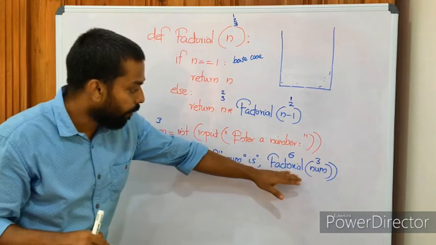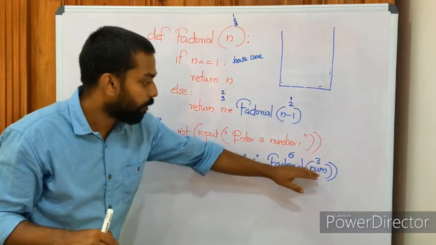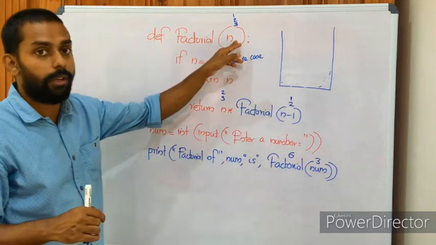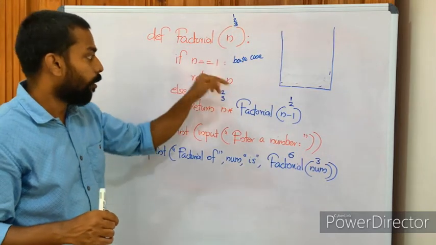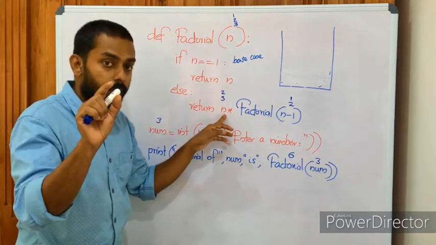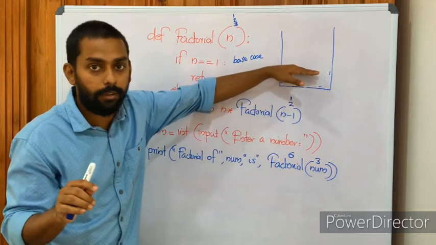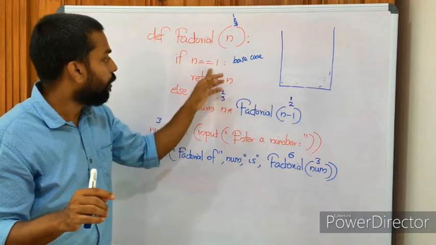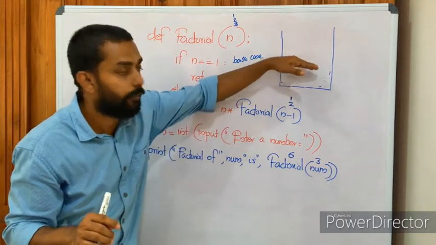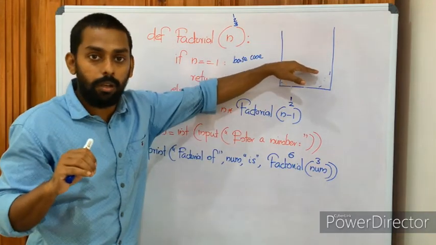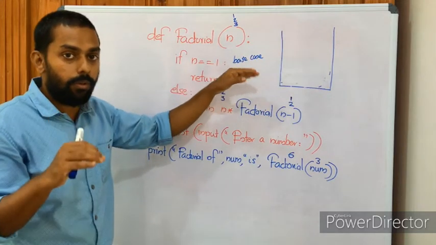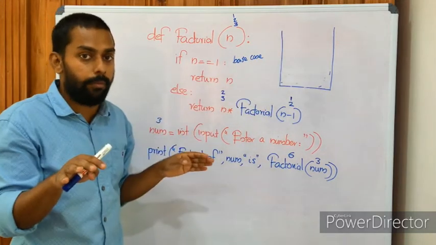We had our first function calling factorial of num. At that time control passes to here, and n gets 3, not equal to 1. So first 3 into factorial of 2 will be placed onto the stack. Then 2 not equal to 1, so 2 into factorial of 1 will be placed just above the last function calling. We know the function calling statements are not executed immediately.